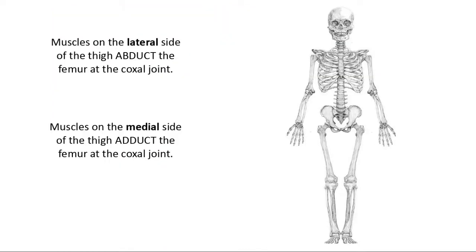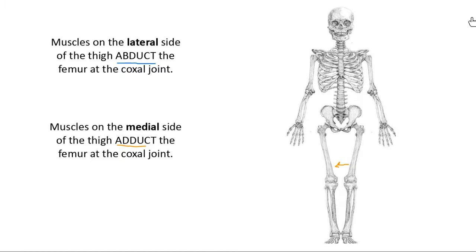The other movement for us to know with the femur is abduction and adduction. These words show us what's going on compared to the midline of the body, compared to the middle of the body. When I'm doing adduction, I'm pulling the femur back toward the middle.